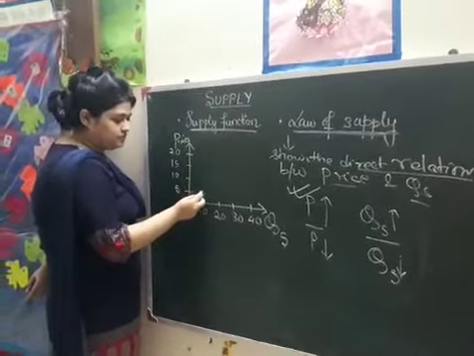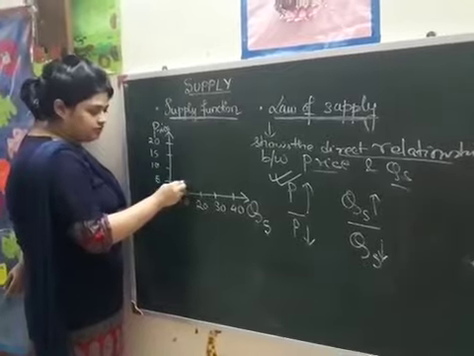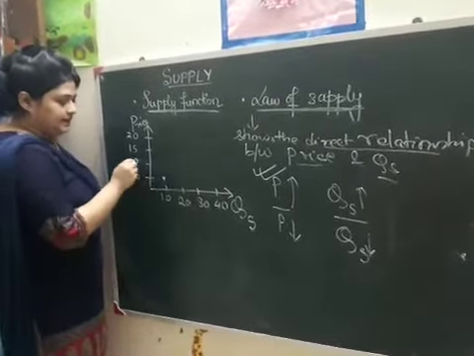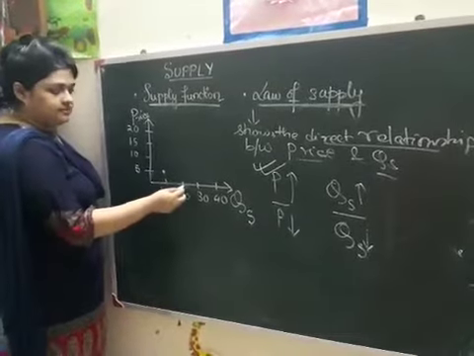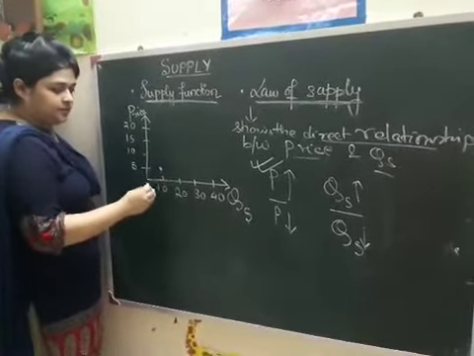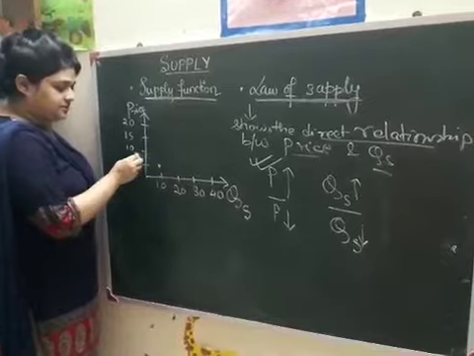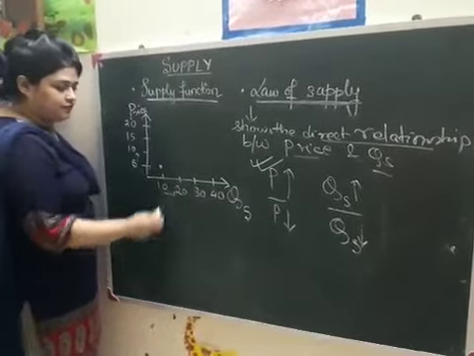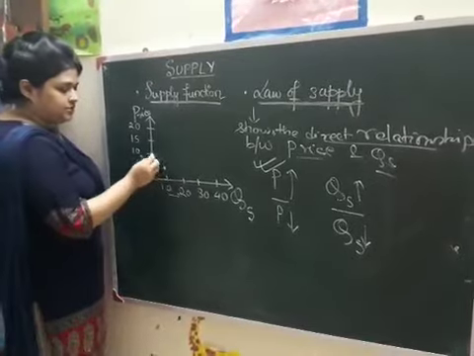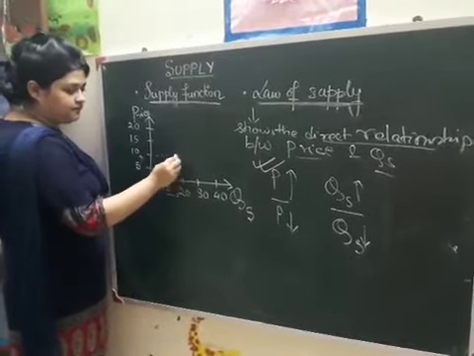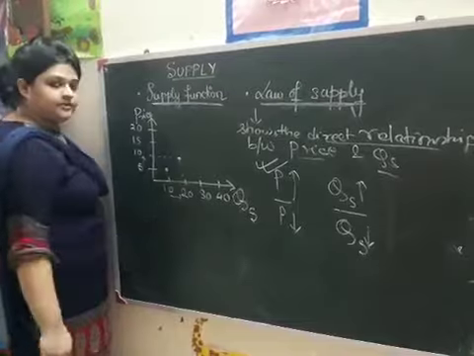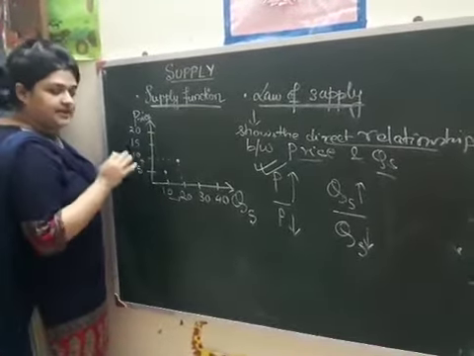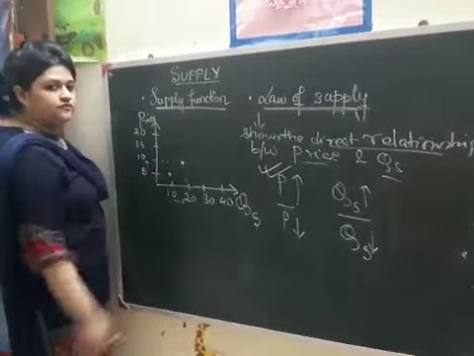And if you plot the point, you get this point. When the price is 10, quantity supplied will be more because the price is increased. So producers can get profit, so they will increase their supply from 10 to 20 units. So if I plot this graph, plotting this point, the supply curve drawing depends on the law of supply.